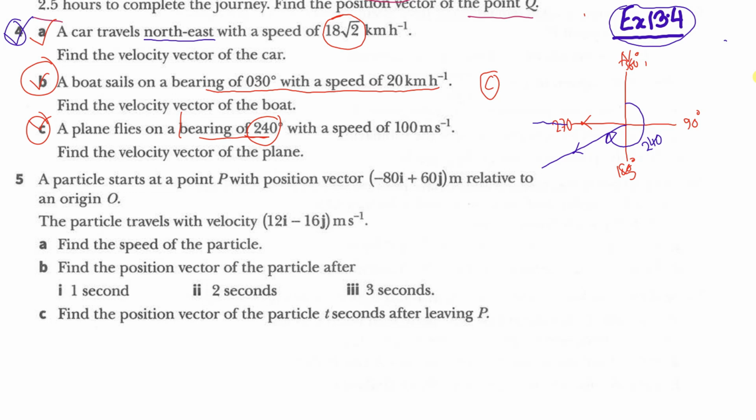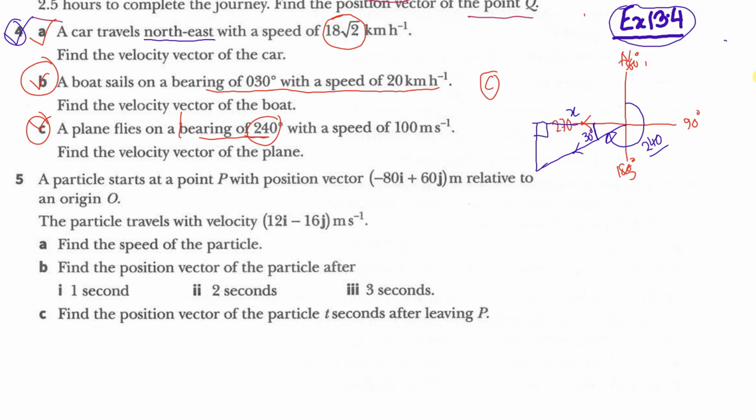Then easily we can note down the value of this direction angle. Total is 270, and if we subtract 240, we get the angle 30 degrees.